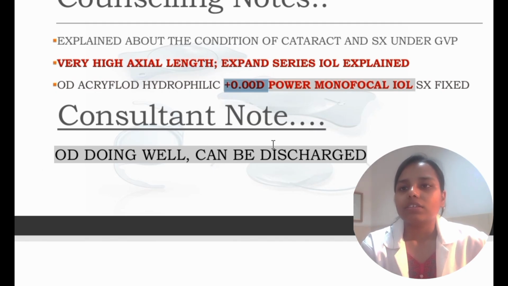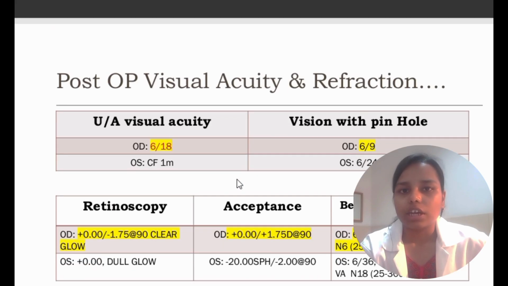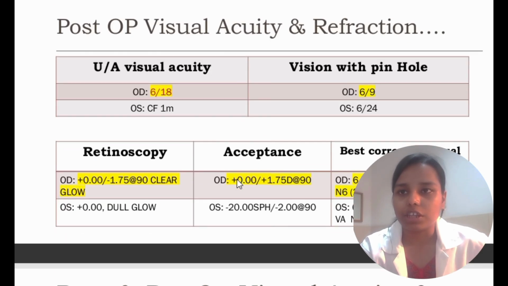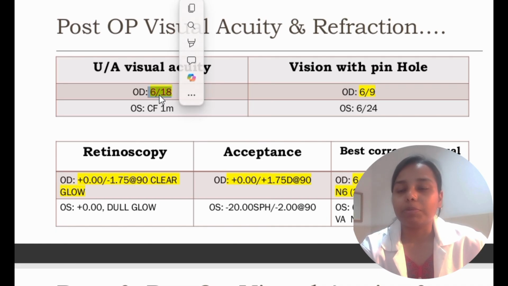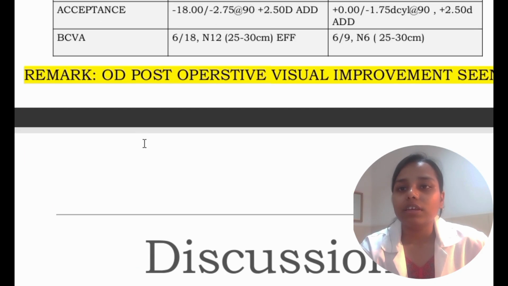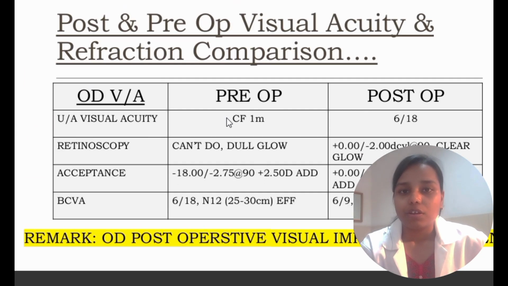Okay. Next, we can compare the visual acuity, how the visual acuity improved for that patient. See, it is coming 6 by 18 after the surgery. And before surgery, what was the value? Before surgery, the value was CF 1 meter. So the patient got a visual acuity of 6/18 after the zero power IOL implantation.